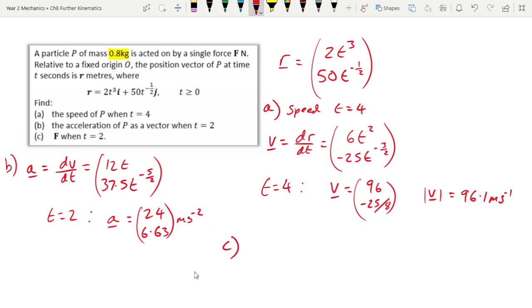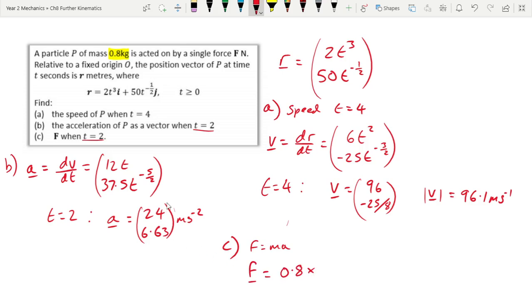For the last part, we've got to find the force when t is 2. So obviously going from kinematics, acceleration, velocity and displacement, to a force, we need to use F equals ma. Now you will notice we've already got the mass of 0.8, and we're looking at the same point in time as we did before, so the acceleration is going to be this. So the force is just 0.8 times the acceleration.